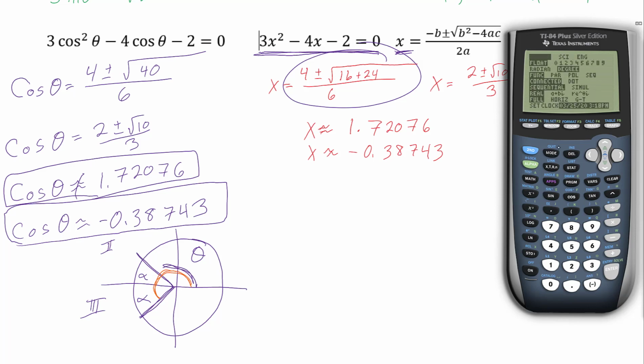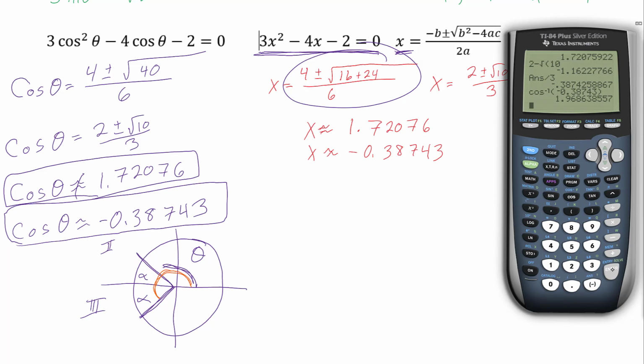Check my mode. I'm in degrees. I want to be in radians. And inverse cosine of negative 0.38743. And it gives me a value of 1.968638557.